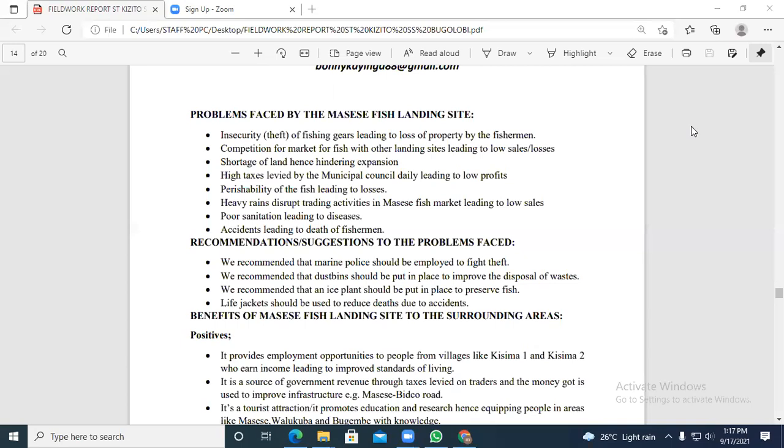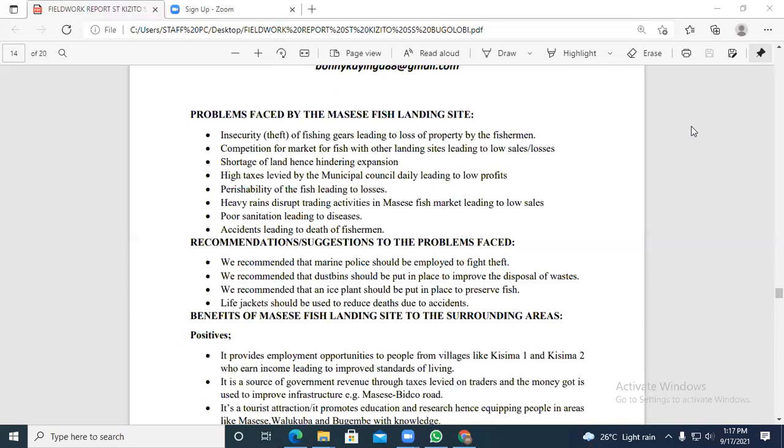Repeat again. We recommended the people of where? We recommended the people of Masese. You went to Masese? Was Masese your fieldwork topic? You have never gone to Masese? O level, okay, it's okay.